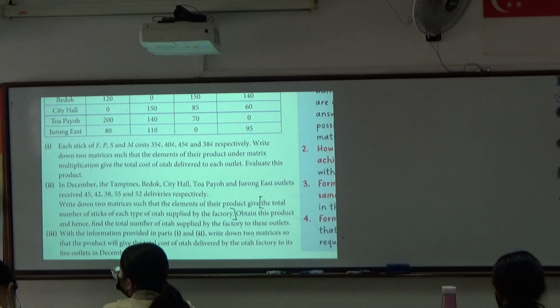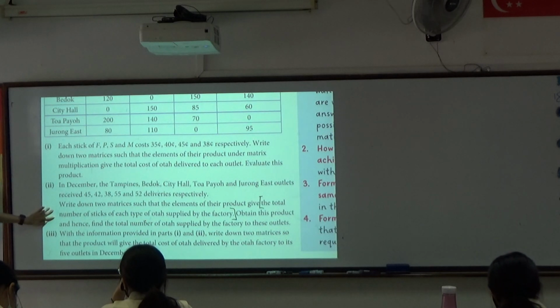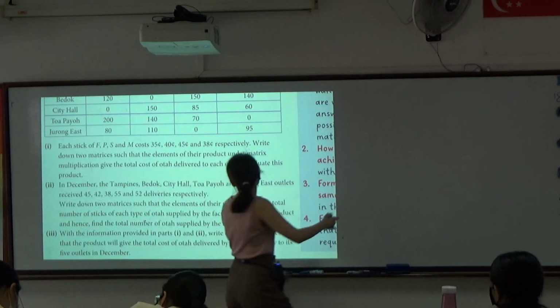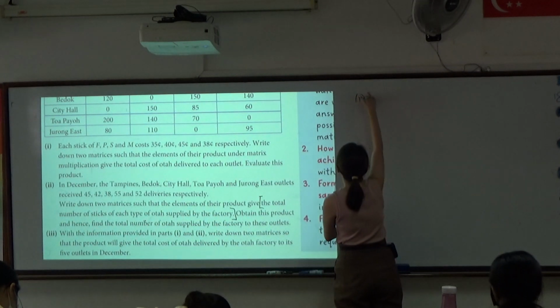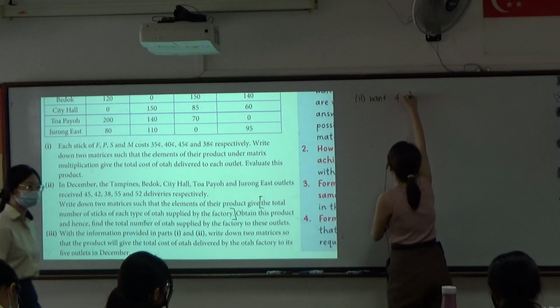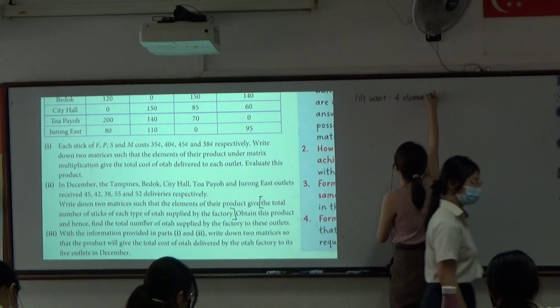There are 4 different types of OTA, and 5 different outlets itself. What the question essentially wants is the overall output from the factory for each type of OTA. That means that we want 4 different values at the end. So looking at part 2, we want 4 elements, 4 values.